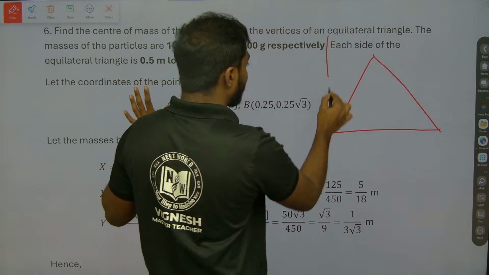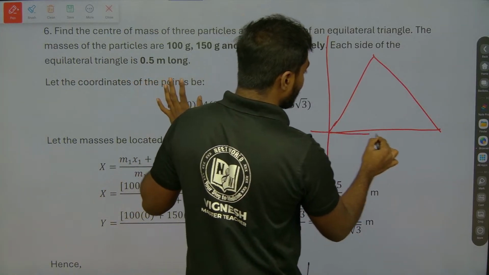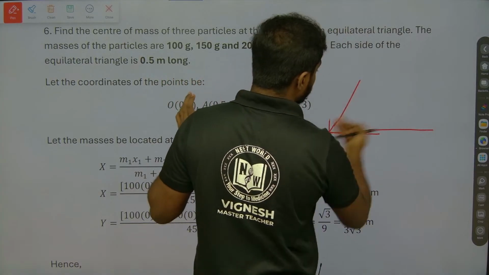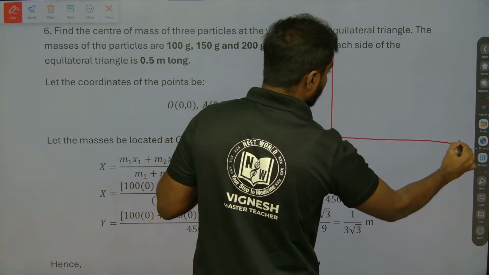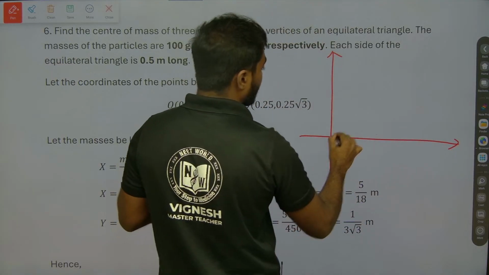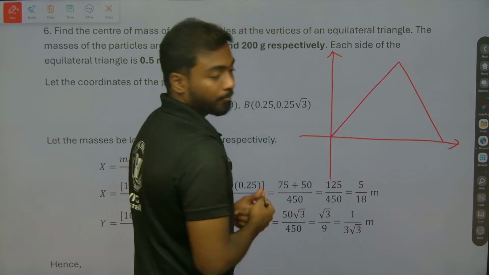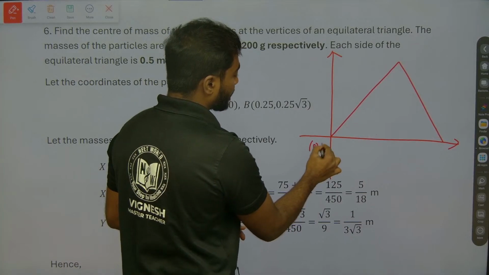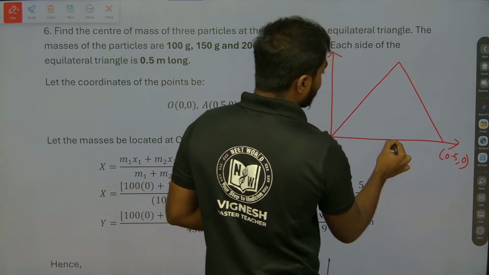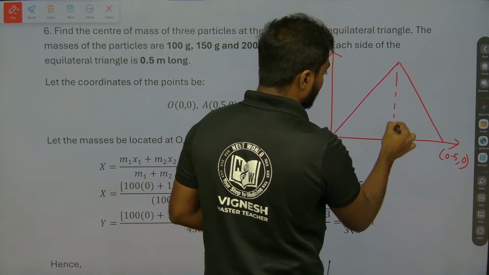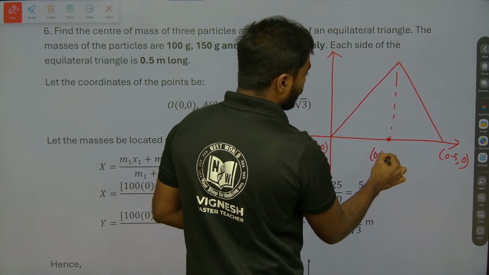Let me first take the axes. We take the origin, this is my 0 comma 0 and this is 0.5 comma 0. Exactly at the center it is 0.25 comma 0.